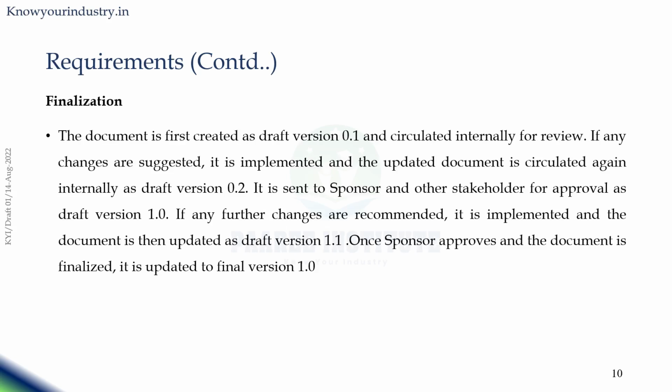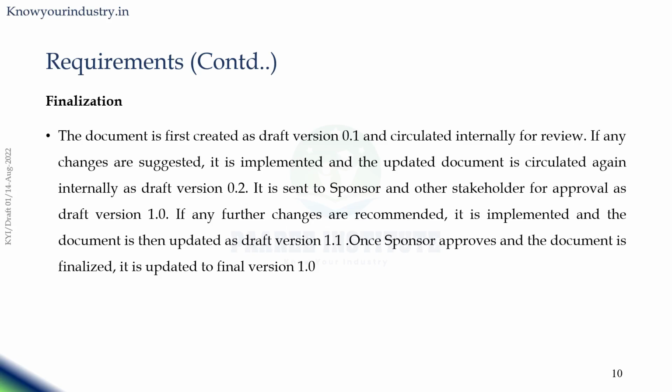Finalization. The document is first created as a 0.1 version, or as per the company's policy it could be 1.0 or 0.0.1, and it would be circulated internally for review. If any changes are suggested, the document will be updated and shared as an updated version.